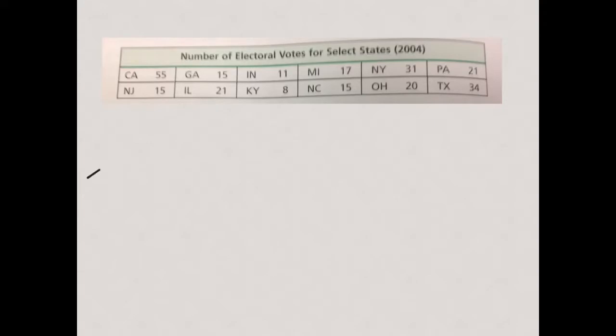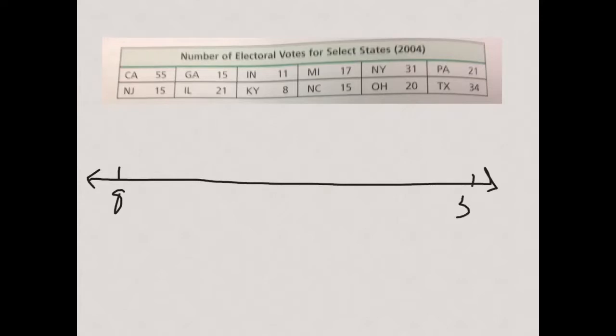So what I'm going to do is I'll make a number line. What's my lowest number? 8. So let's go from 8 to my greatest number, 55. So I want to have something that I can track this with. So let's say 11, 15, 17.